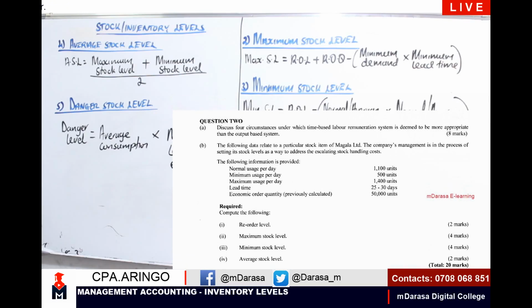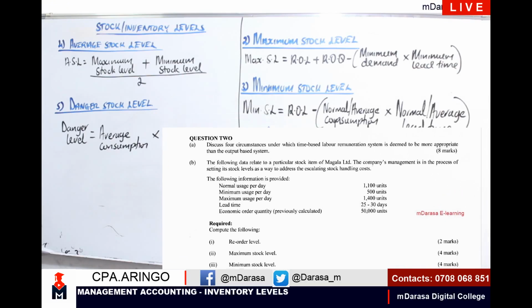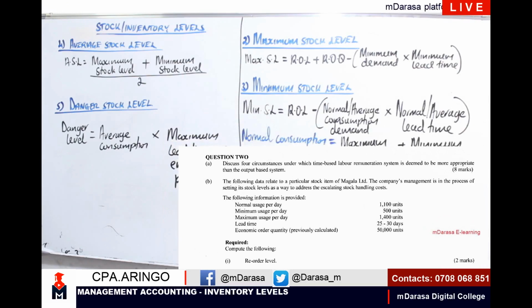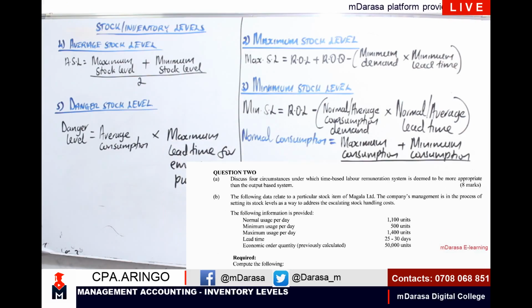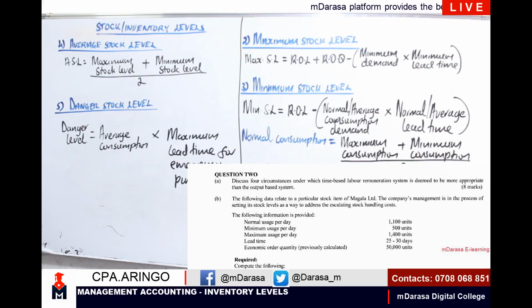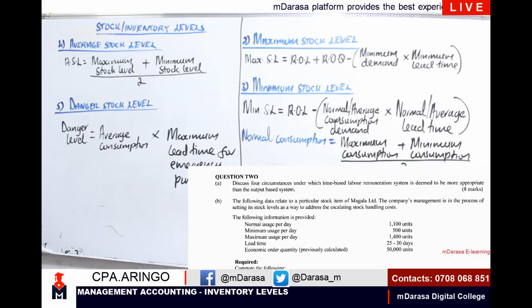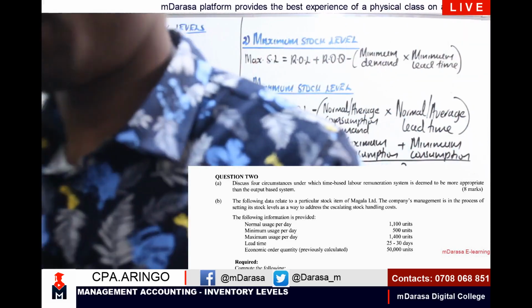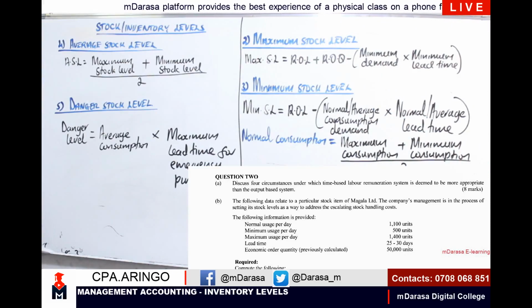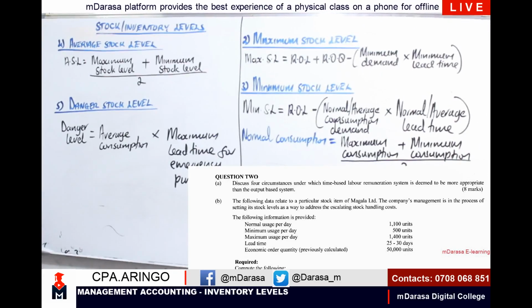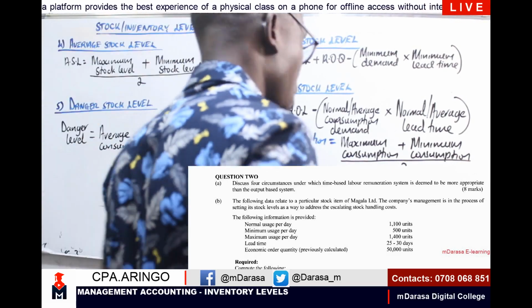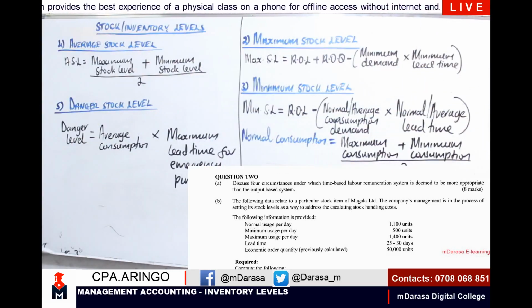So we start with the reorder level. By now, I know we have the formula to work it out. So let us work it out right now.